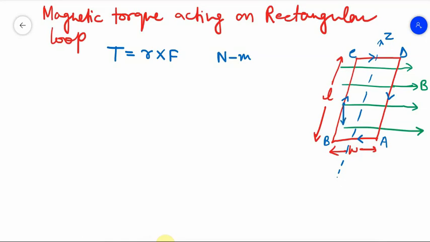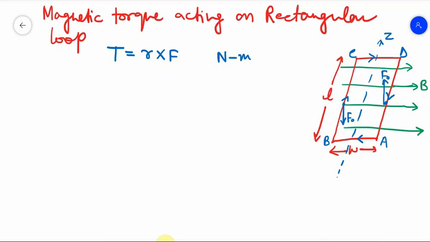Let this be F0, then equal and opposite on the other side it is F0 acting upward. So this is producing a couple of force.